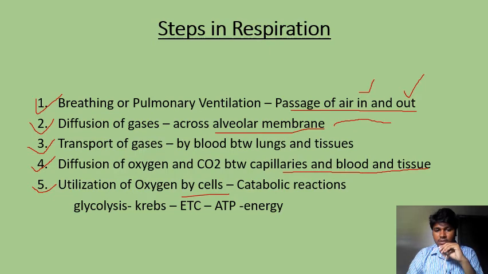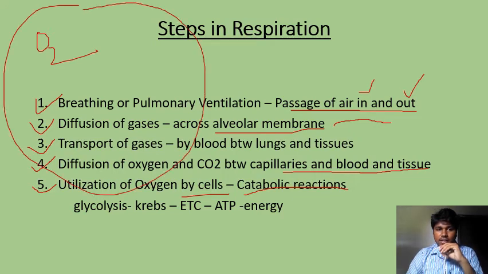So this is what is called cellular respiration, where catabolic reactions take place. Oxygen which got inside of the cell, suppose assume this as a cell, and it carries out the oxidation process, it breaks down the food and releases the energy.